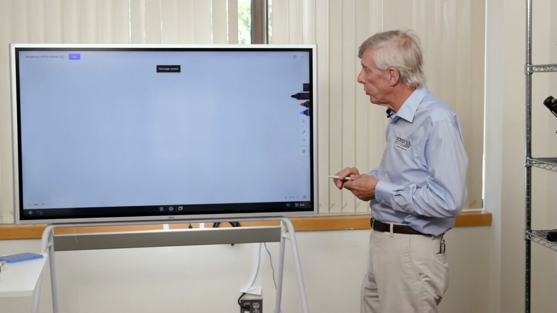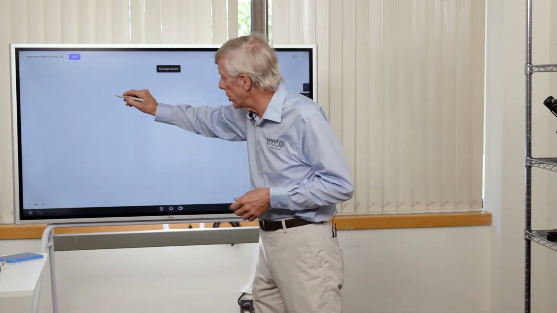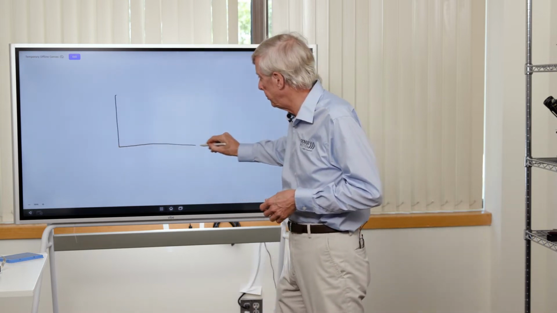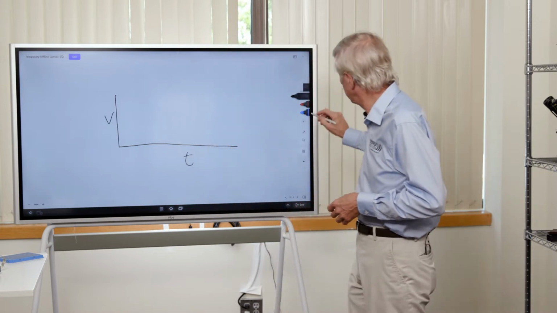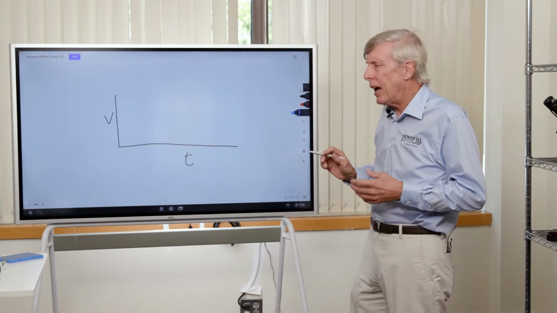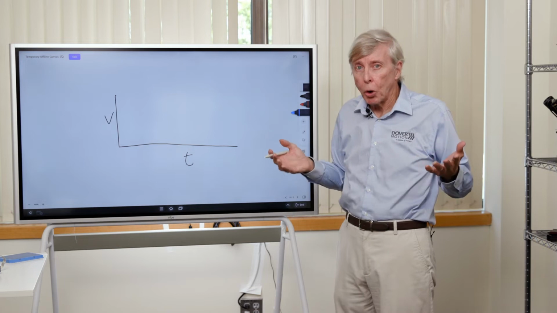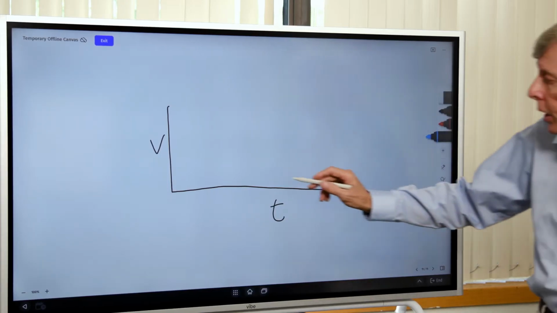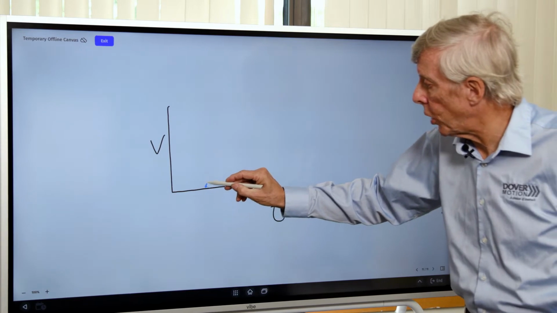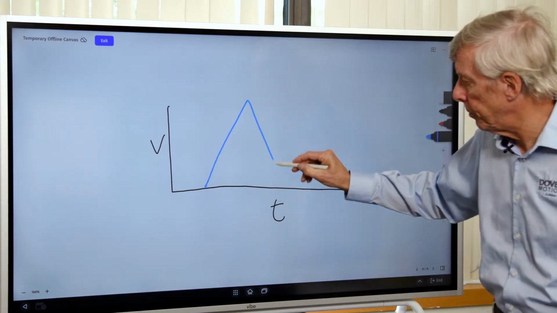A far more useful thing to plot is velocity versus time. And the simplest motion profile that we could show here, and one that's very easy to calculate, is what's called a triangular velocity profile.